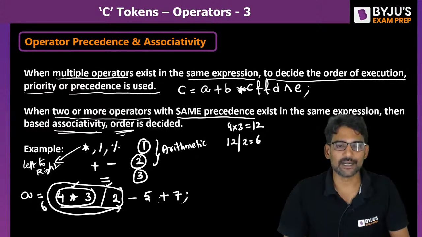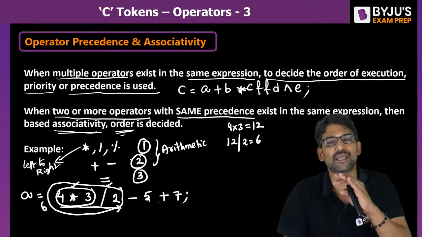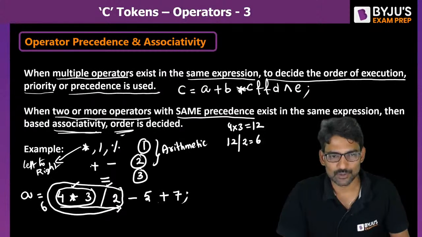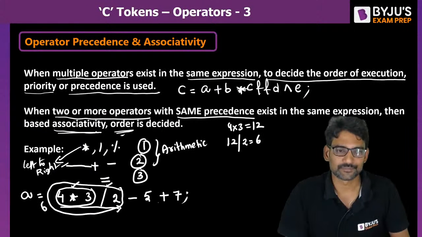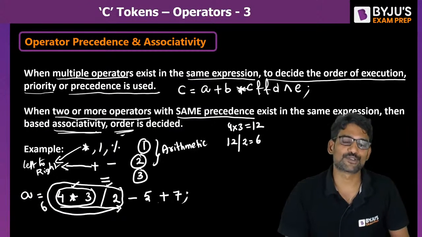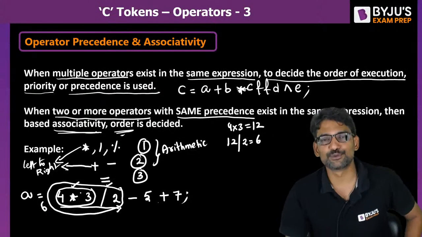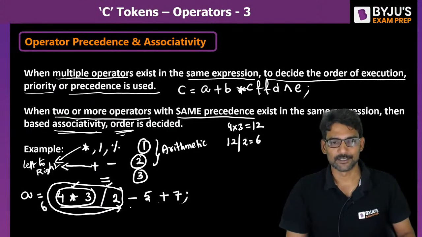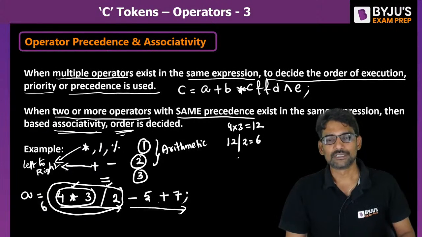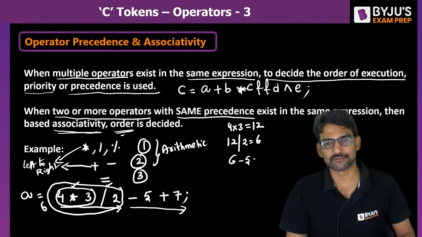Now addition and subtraction again have the same priority, and their associativity is also left to right. So 6 minus 5 is 1, then 1 plus 7 is 8.